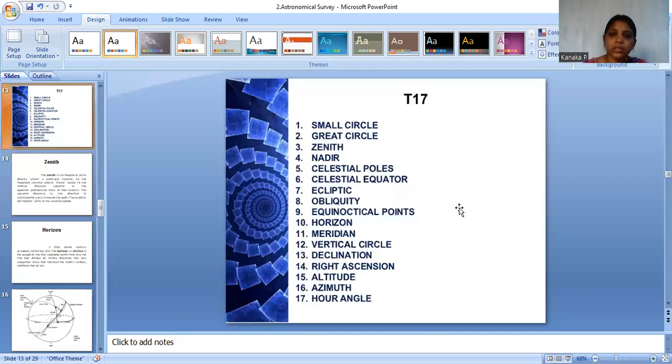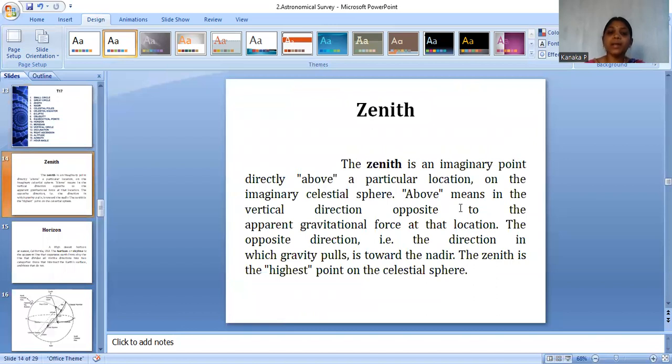So zenith is the imaginary point directly above a particular location on the imaginary celestial sphere. Above means the vertical direction opposite to the apparent gravitational force at the location. The opposite direction, that is the direction in which gravity pulls, is towards the nadir. The zenith is the highest point on the celestial sphere.